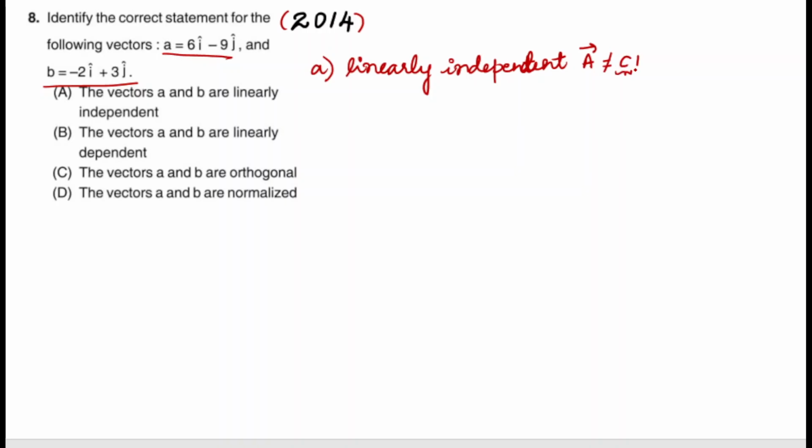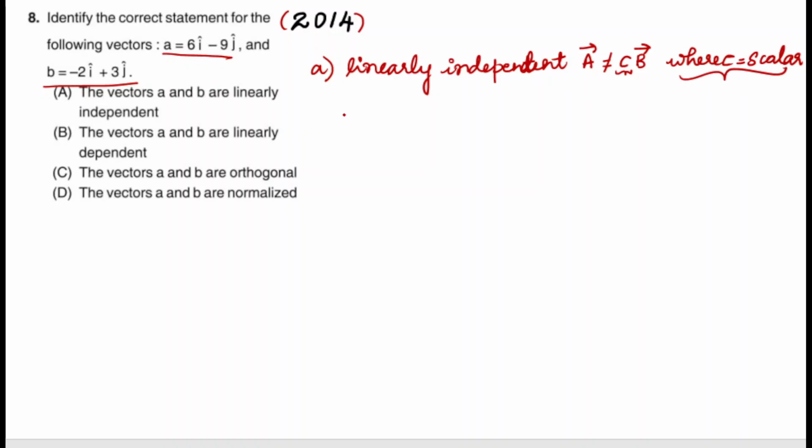If I consider C to be a scalar multiple of b vector, where C is scalar. Okay. This is a condition for linearly independent vectors. I am repeating again, what are linearly independent vectors? Any vector, either a vector or b vector, cannot be written in terms of a scalar multiple of any of these two vectors. Okay. Now let us see, can we write this a vector in terms of b vector or b vector in terms of a vector?